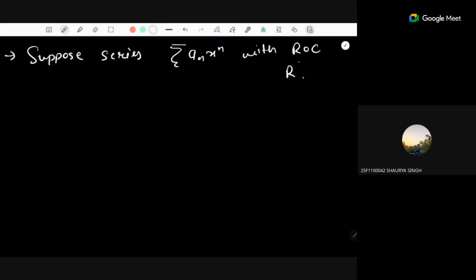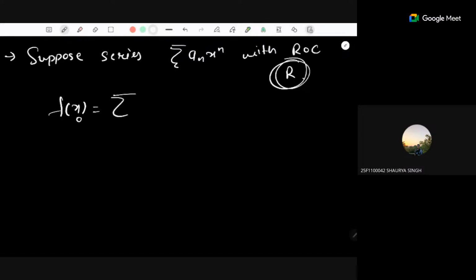We can define a function f of x whose value at any point x naught is nothing but summation a n x naught to the power n, when the modulus of x naught is strictly less than r.